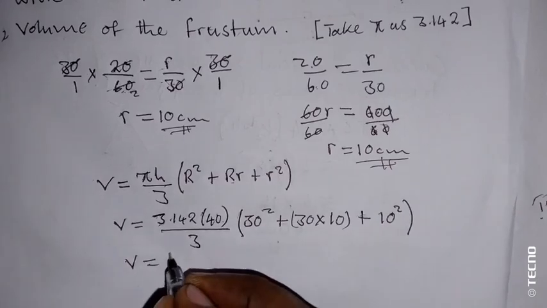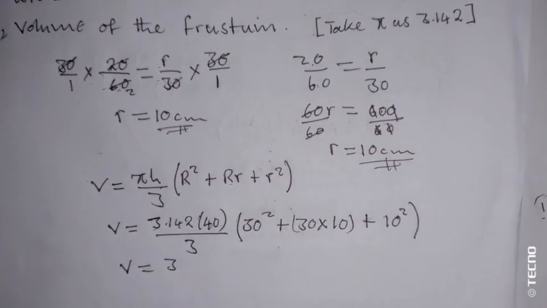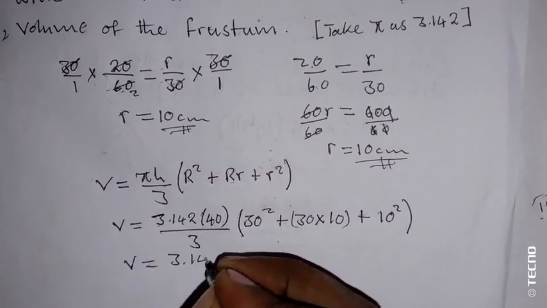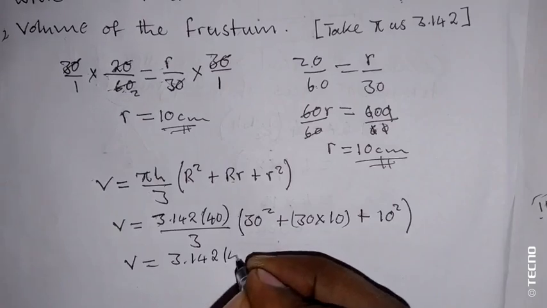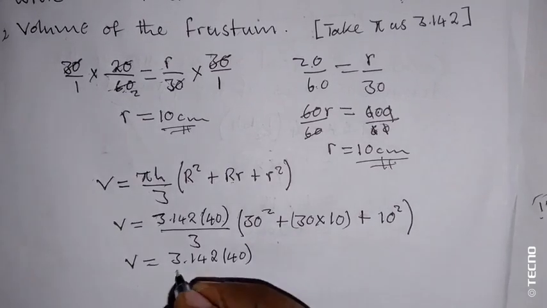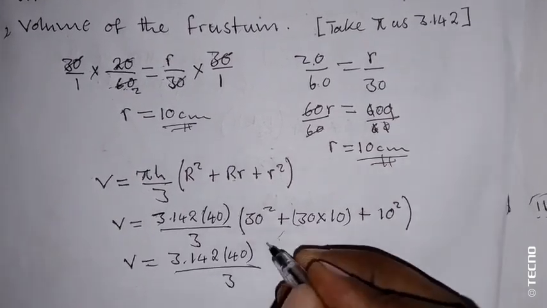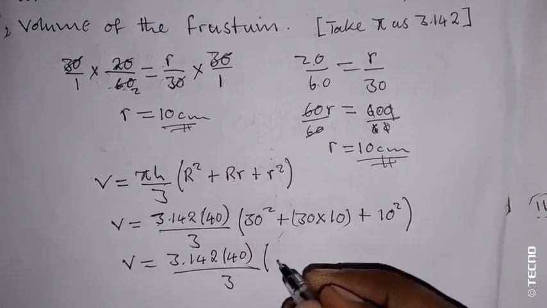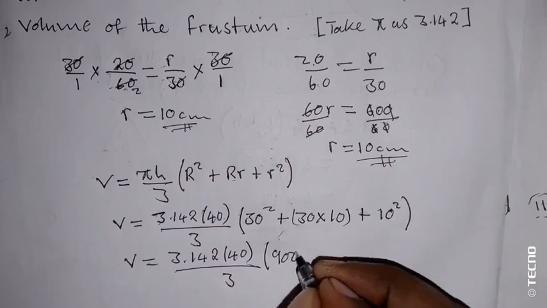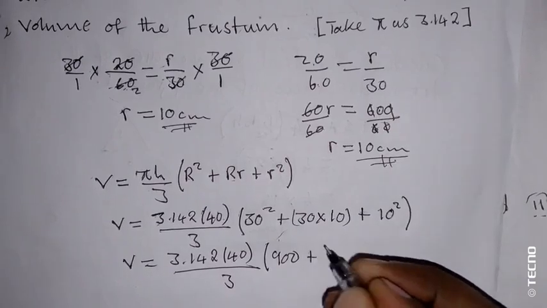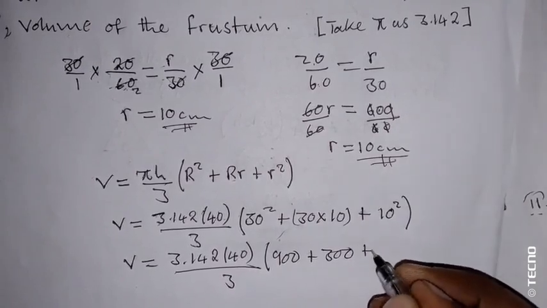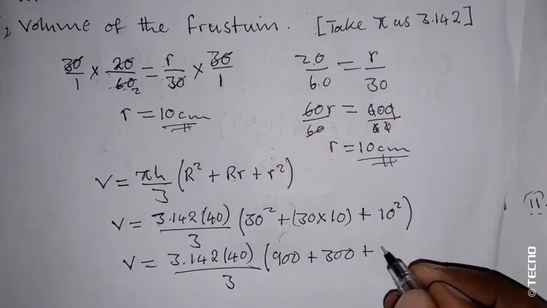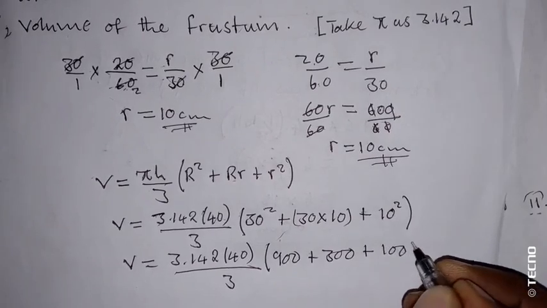So here we have 3.142 times 40, which is the height, over 3. Then open bracket, here we have 900 plus, here we've got 300 plus, here you've got 100.